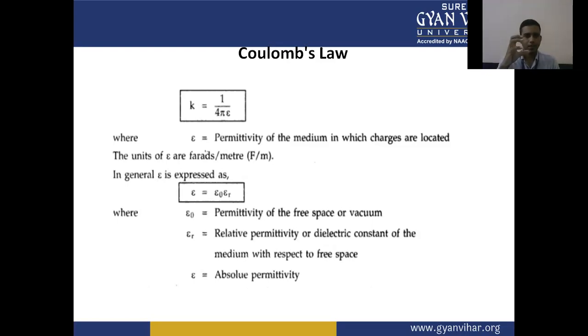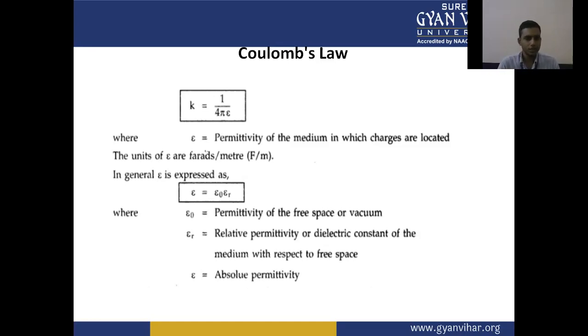In general, epsilon is expressed as epsilon equal to epsilon naught epsilon r, where epsilon naught is the permittivity of free space or vacuum, epsilon r is the relative permittivity or dielectric constant of the medium with respect to free space, and epsilon is the absolute permittivity.